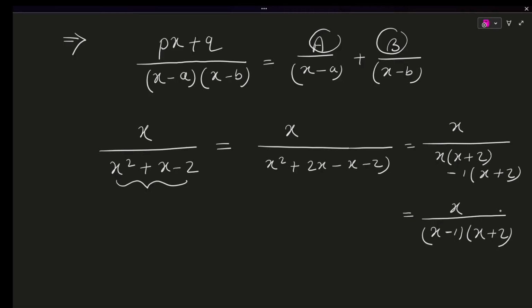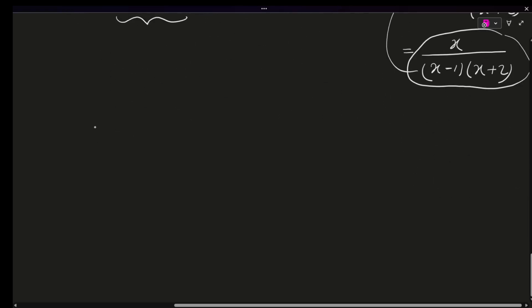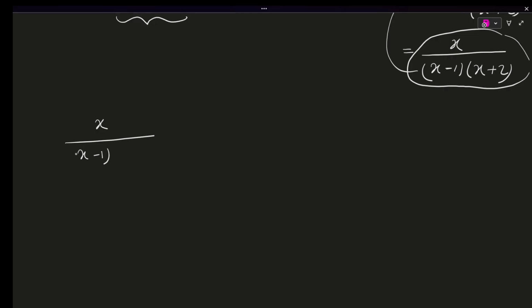So right now this one is our main question. So now we will write this in this form. So here we have x divided by x minus 1 into x plus 2. So we can write it as A divided by x minus 1 plus B divided by x plus 2.